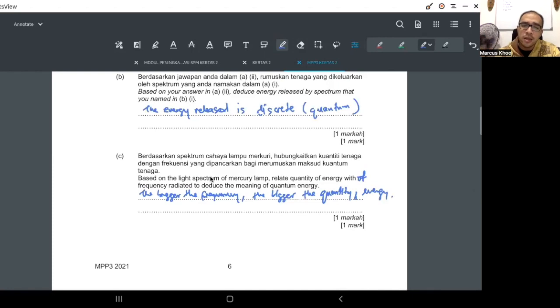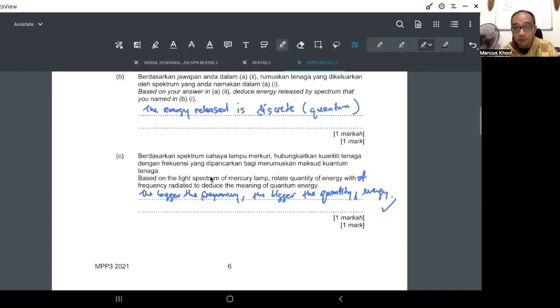And then I was thinking, how does this help me to deduce the meaning of quantum energy? Because in the textbook, quantum means that the quantity of energy is directly proportional to the frequency. So I'm like, never mind, it's only 1 mark, so I guess this is the answer itself. The bigger the frequency, the bigger the quantity of energy.